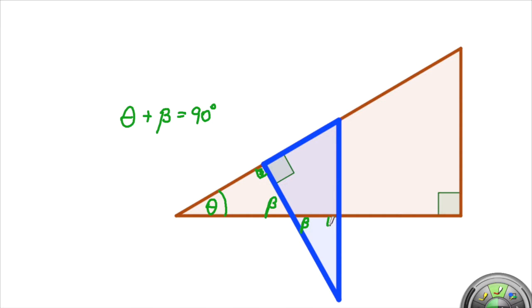And this here is also a right triangle. So here we have beta in one corner and a right angle in the other corner. That forces this bottom angle way down here to also be theta, because theta plus beta have to add up to 90. That's our guarantee from our little triangle here. So this angle is theta, and so is this one way down here at the bottom.